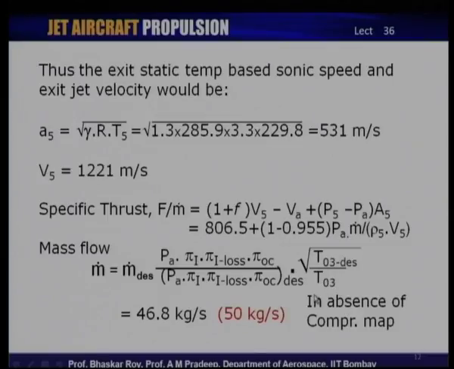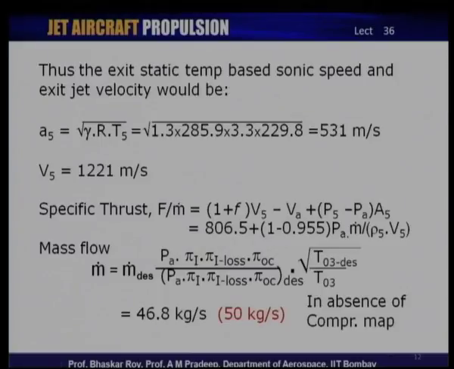So, if we compare the important engine parameters at the design point and then at the off design point and take a simple ratio of them, we can arrive at a first cut mass flow estimation, which gives us the mass flow to be 46.8 kilograms per second.